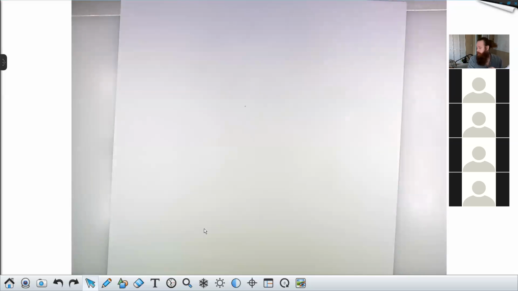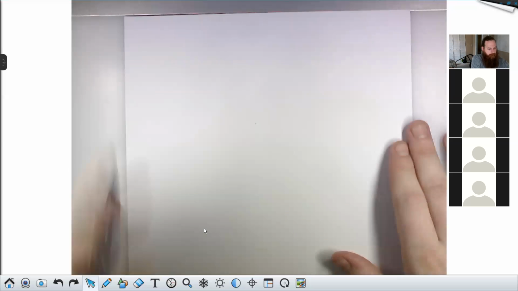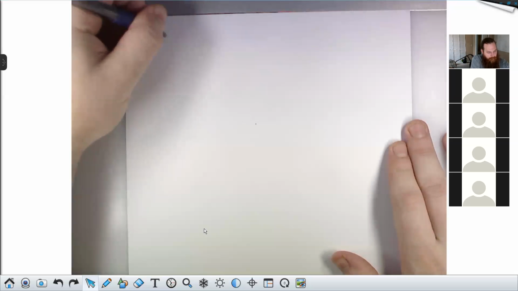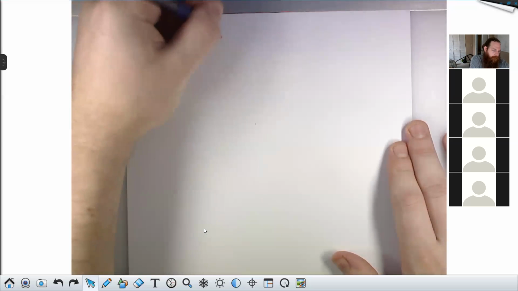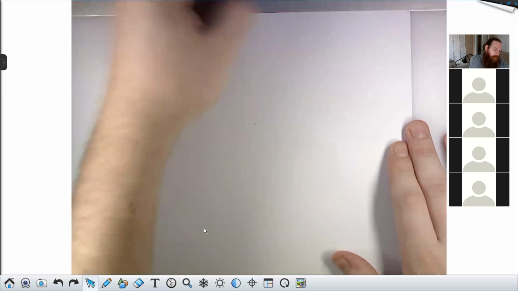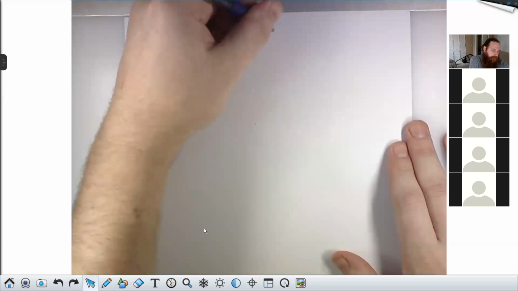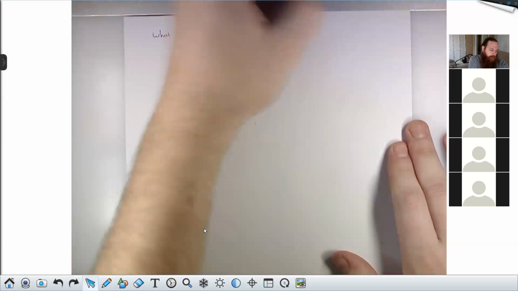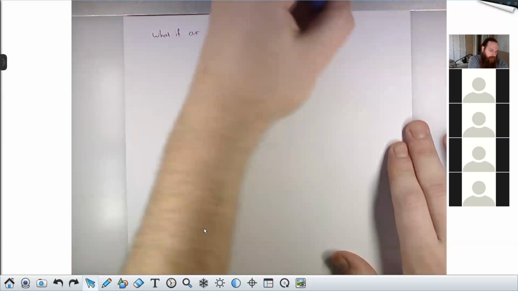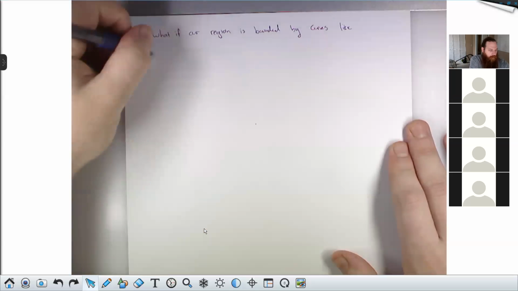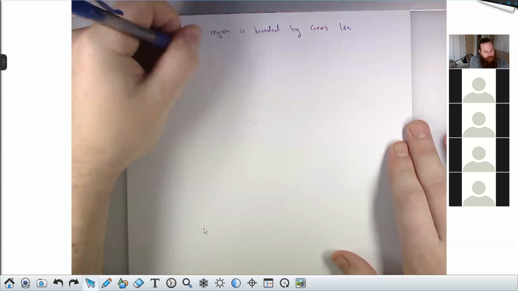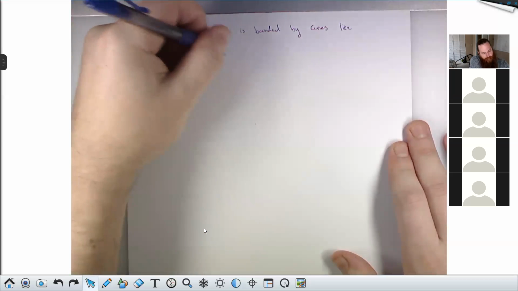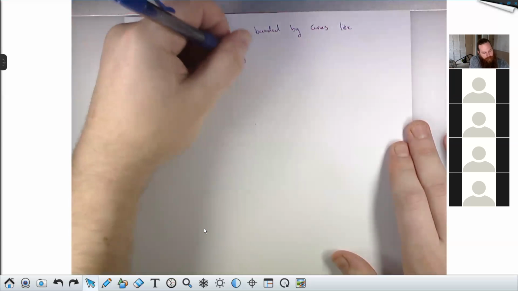Sometimes we want to find areas of regions bounded by curves like x equals f of y and x equals g of y.